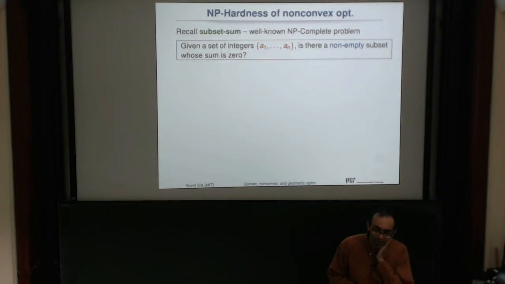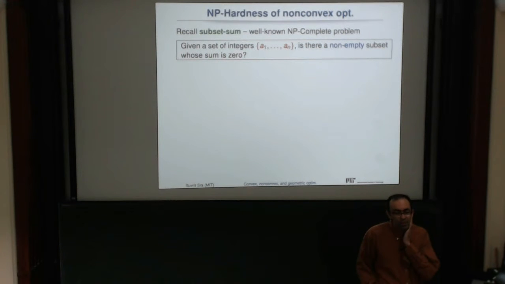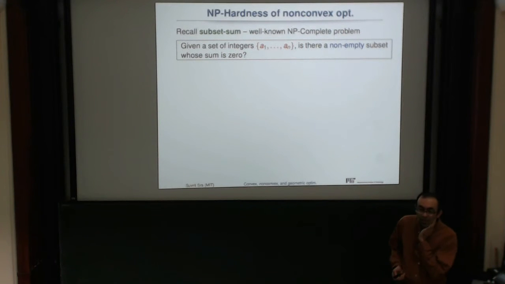In a simplified format, we have a set of n integers, and all we are asking is, does this set contain a subset that adds up to 0? These are clearly positive and negative integers, otherwise you could answer that trivially. There's a version which asks for the smallest such subset, because a subset need not be unique; there may be several subsets that achieve 0.